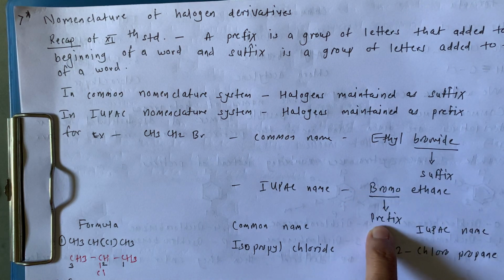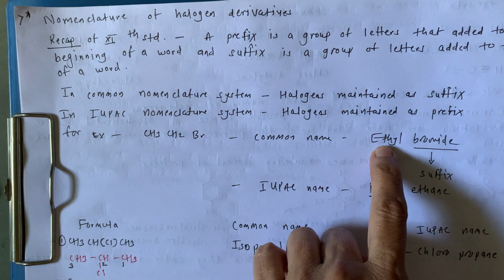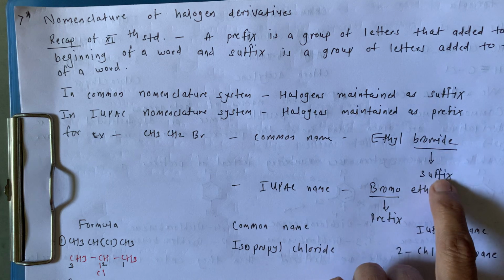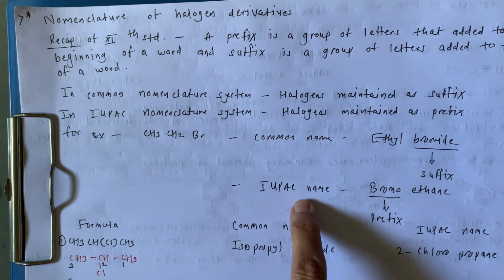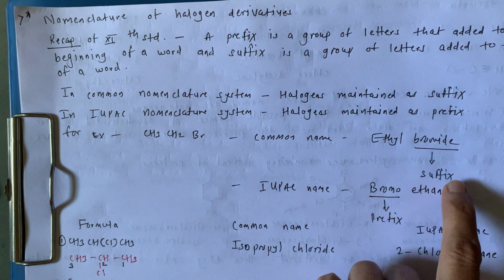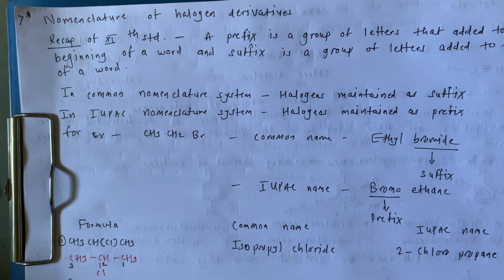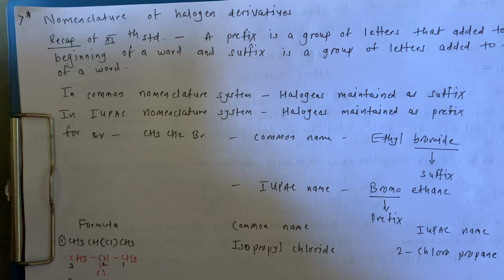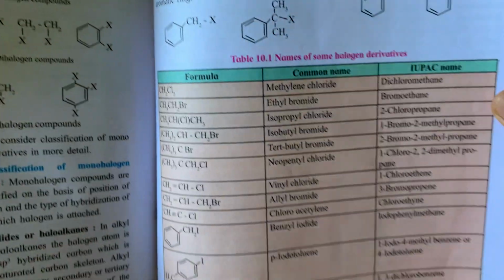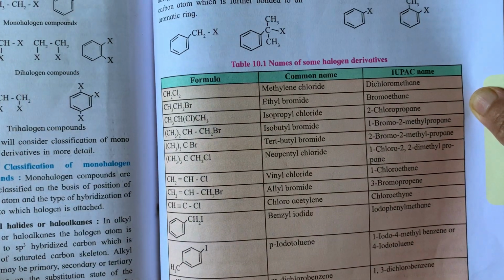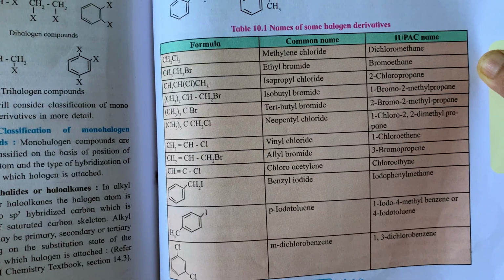This bromo is a prefix. So in the common name, we say ethyl bromide, with the halogen as a suffix, while in the IUPAC name, bromoethane, with bromo as a prefix. Okay. So in our textbook, there are so many examples given. We are going to see them one by one, so everything is clear to you.